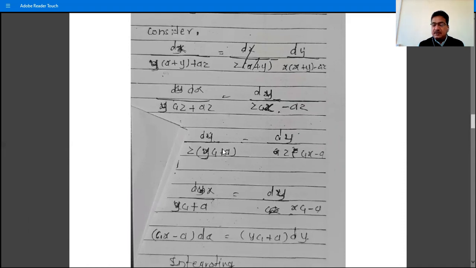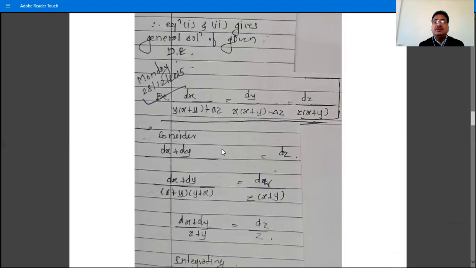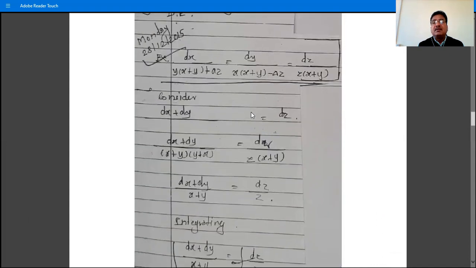So consider the ratio, this dy and dz. Consider these 2 ratios and substitute this x plus y as c1z.